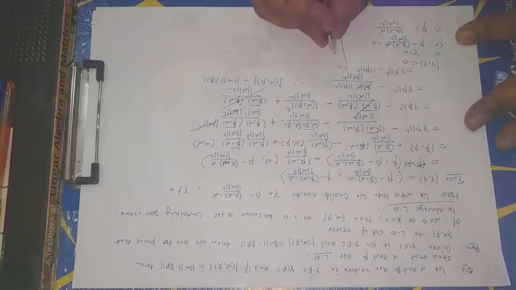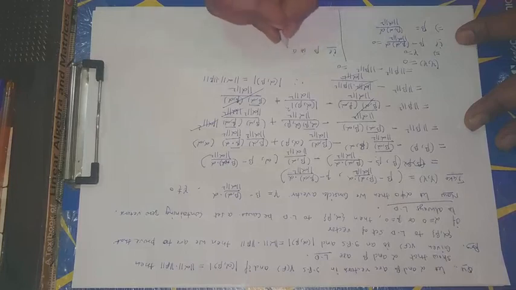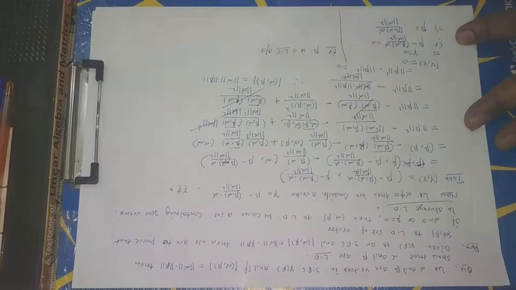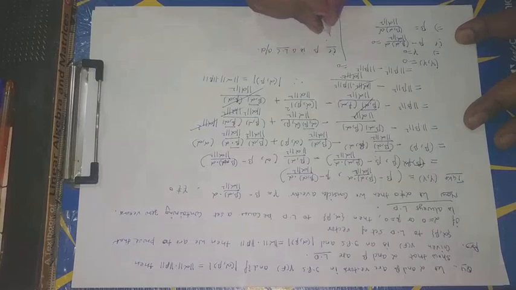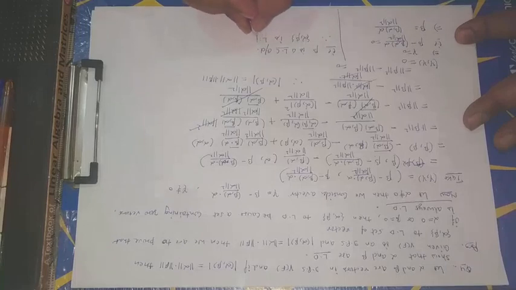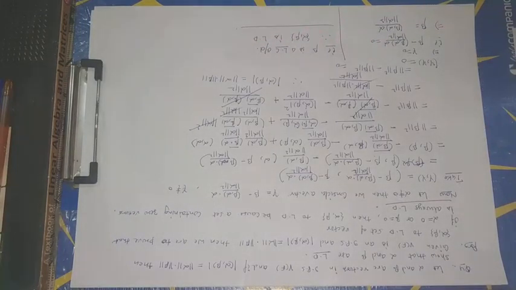Okay, that is, beta is a linear combination of alpha. Therefore, alpha, beta is a linearly dependent set. Okay, this is the complete solution.